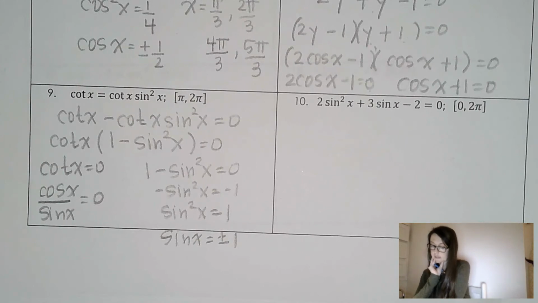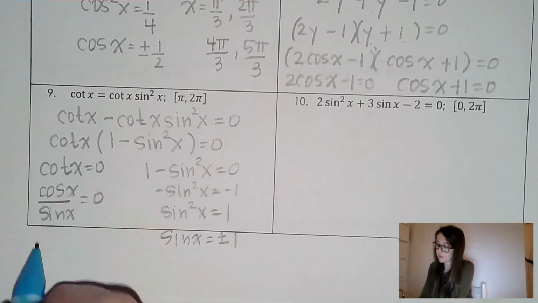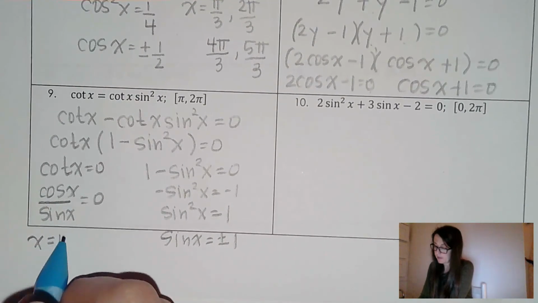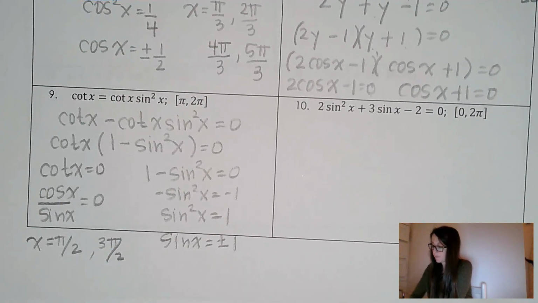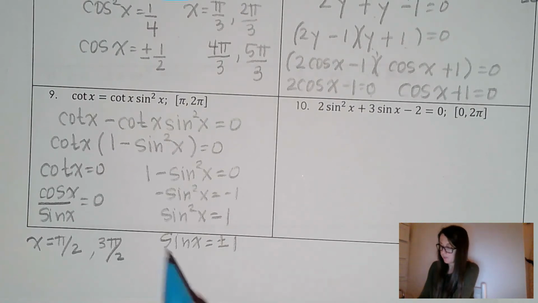So cosine over sine, where is that going to be equal to 0? So where? So x values are going to be, what, pi over 2? And then 3 pi over 2? And where is sine going to be equal to plus and minus 1? So add what, pi over 2 and what, 3 pi over 2.